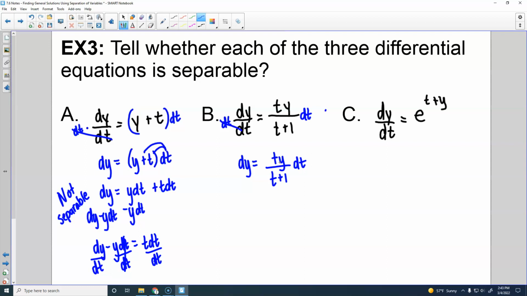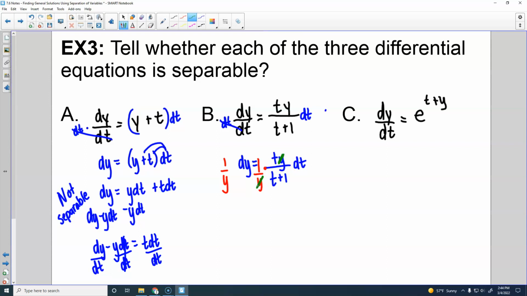You could do it that way. You can, but it is okay on this one just to divide by y or multiply by 1 over y. Because up in this numerator right here, you have t times y, so it will cancel with that y right there.